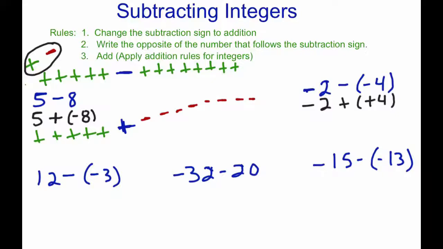All right, let's match up the positives and the negatives, and we can cancel. They cancel each other out, the zero pair. And we are left with negative 3 equals negative 3.